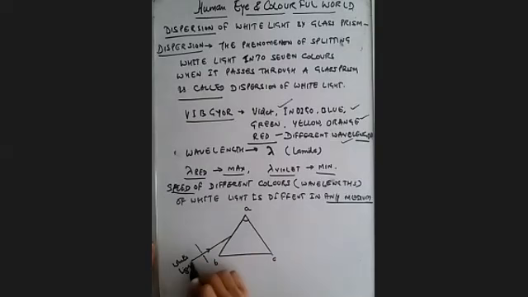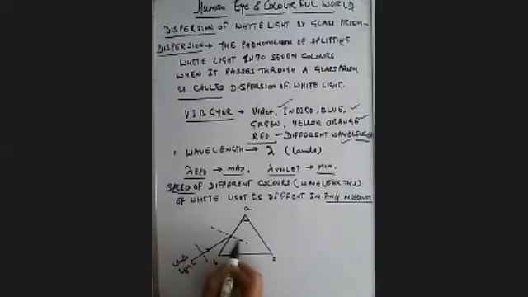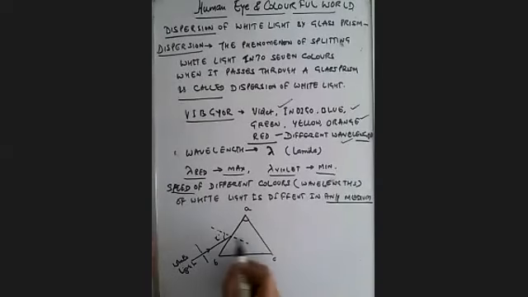As soon as it comes here, let us draw the normal at this point. And this is the angle of incidence. Now we know it will be refracted, but because of the 7 different colors of this white light, their speeds are different. All the colors get separated, and some will travel with low speed, and some will travel with high speed.